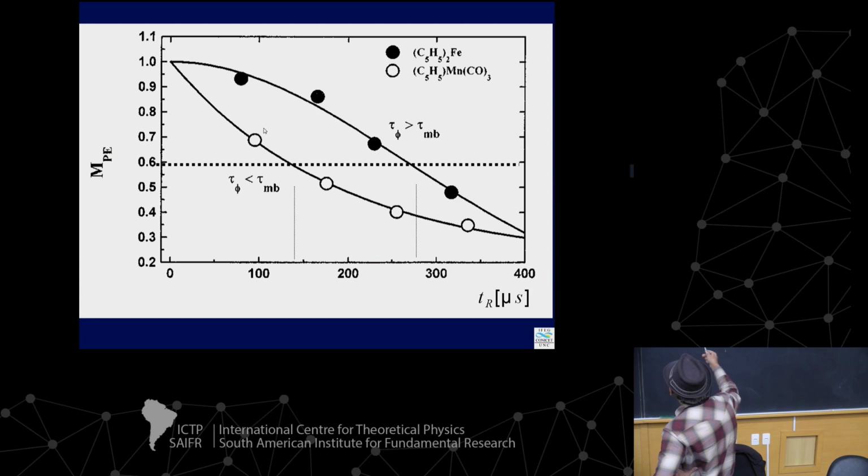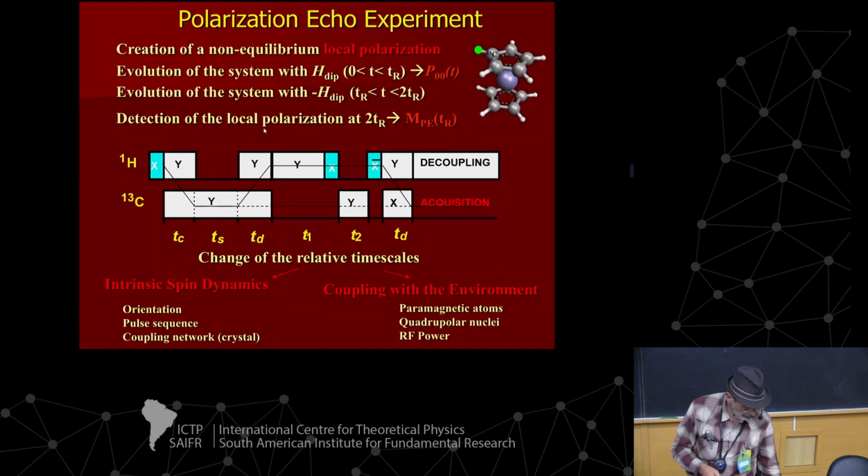And this is the case when the many-body time scale is longer than the interaction with the environment. Here, the many-body time scale, which could be essentially, let's say, T2, is shorter. That's more dynamics than the interaction with the environment. That's the situation that we are in.